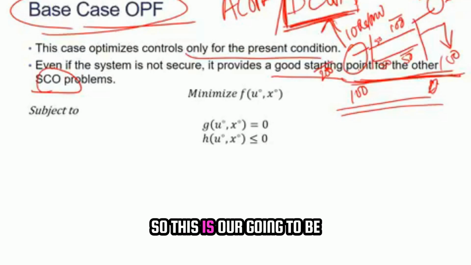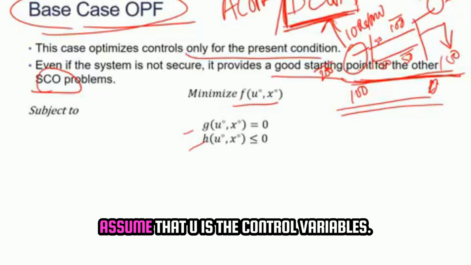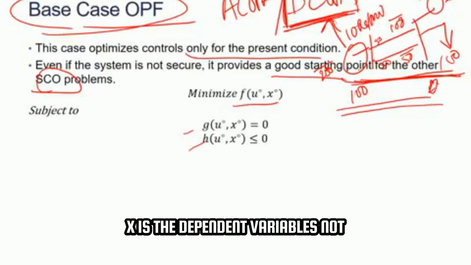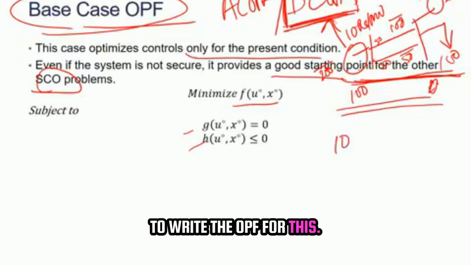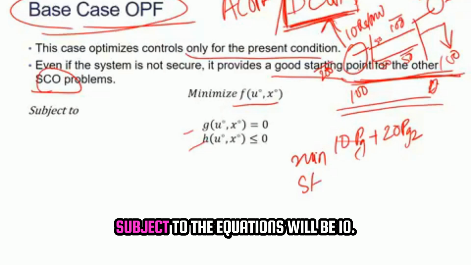So this is going to be our optimization problem: F(u0, x0), G(u0, x0), H(u0, x0). Assume that u is the control variables, x is the dependent variables, and 0 represents the base case OPF. For example, if I have to write the OPF for this, I'll write minimize 10 Pg1 plus 20 Pg2, subject to the equations.